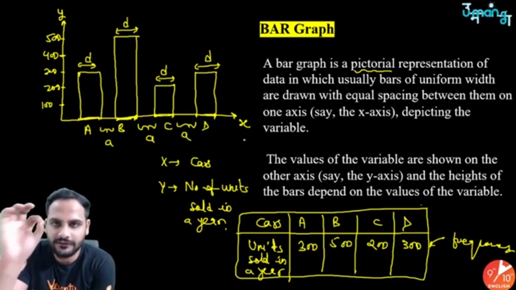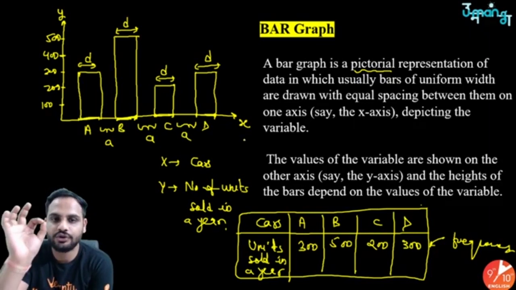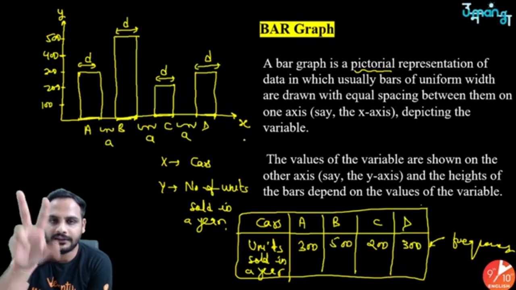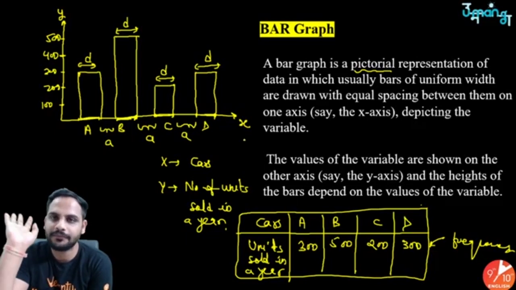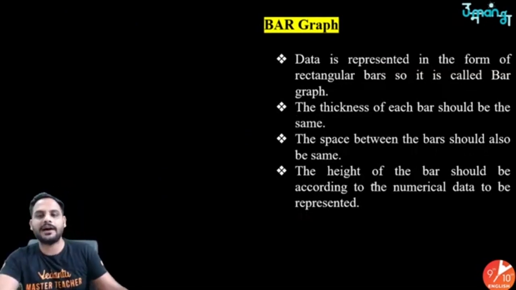Got it? The gap between two rectangular bars should always be equal, and the thickness of the bars also should be equal. So this is how you represent a bar graph. Data is represented in the form of rectangular bars. Thickness of each bar should be the same. Space between the bars also should be the same.